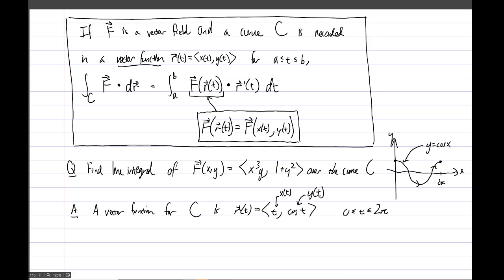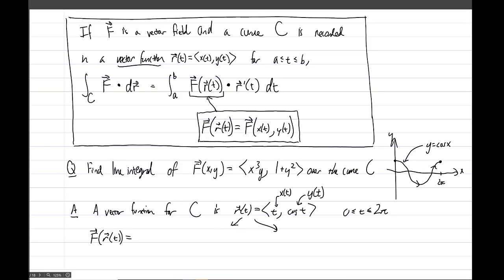Now, we're going to need two things out of this. One of the things that we're going to need is F of r of t. So we need to compose this with that. Make sure to do this in the right order. In the end, we need something that is only going to mention the variable t. So make sure you're feeding which thing into which, because sometimes people mix up what you need to feed in where.